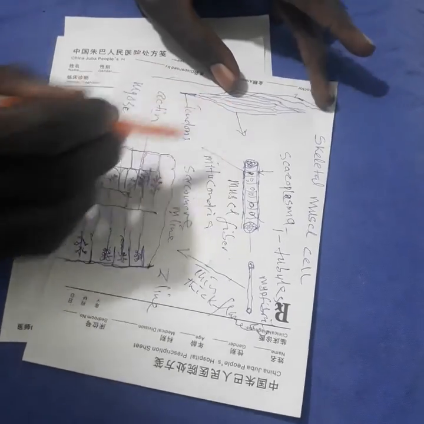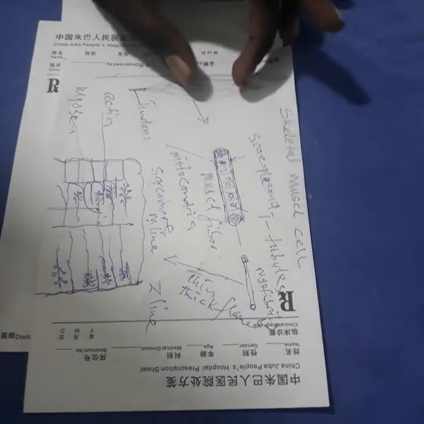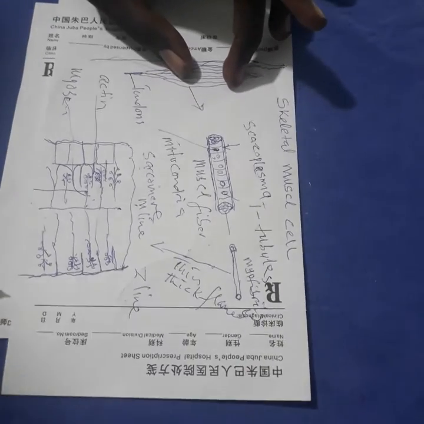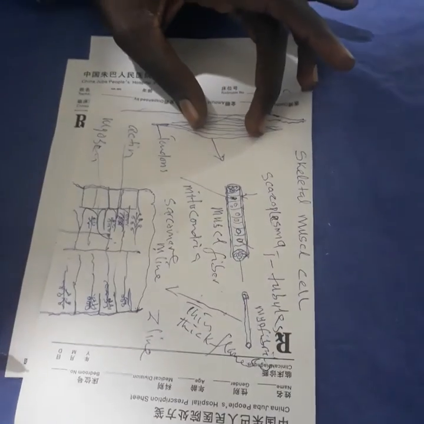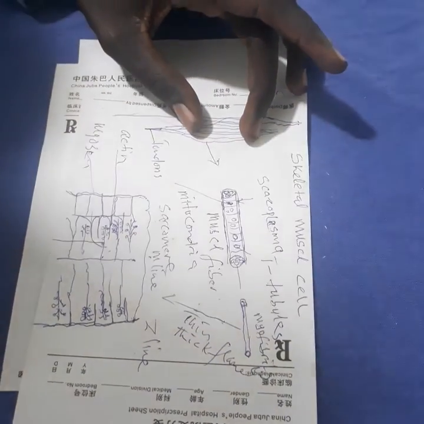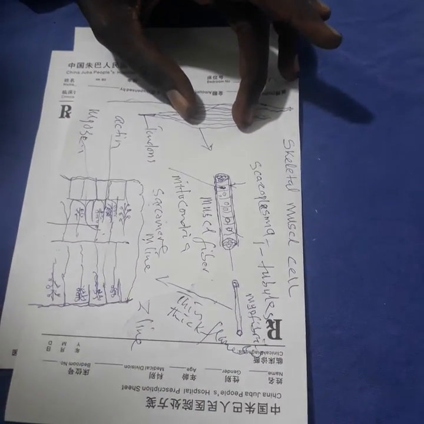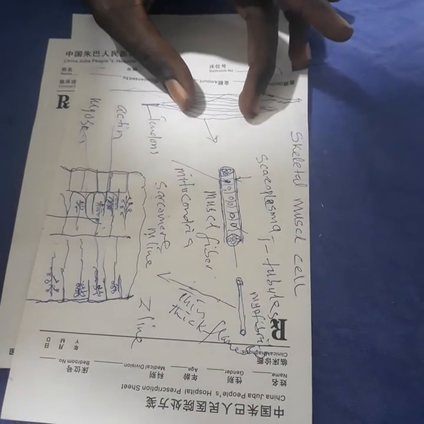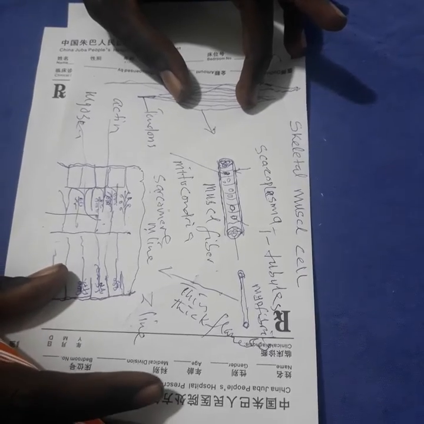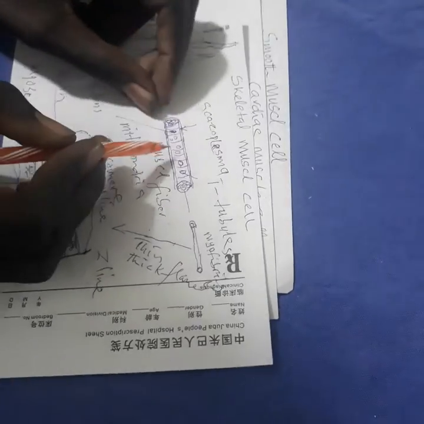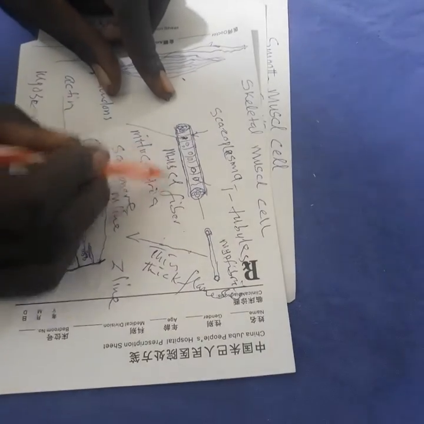You take one of these units, a muscle fiber. And muscle fibers are the building blocks of muscles, just like neurons are the building blocks of the central nervous system. When we take one of these, it will look like this, and this is the muscle fiber.